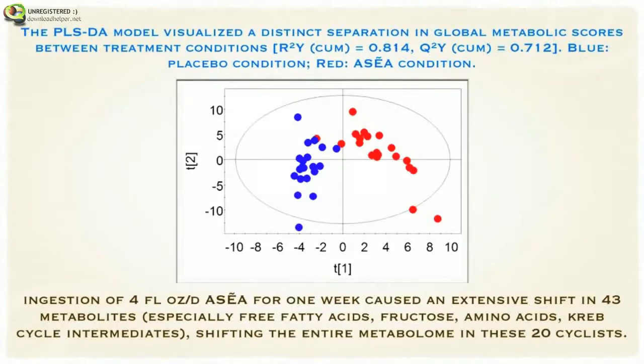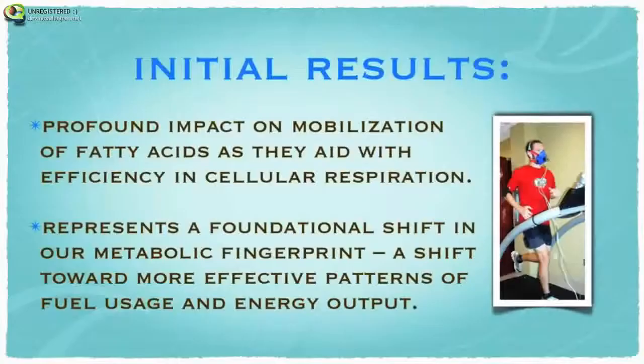And all of these were done without any evidence of injury to kidney function or liver function. So it led the way for the need for further studies. So profound impact on our mobilization of fatty acids as they help in cellular respiration. And this is a foundational shift in our metabolic fingerprint that they've never seen before.